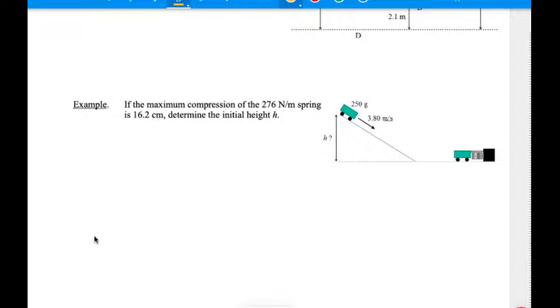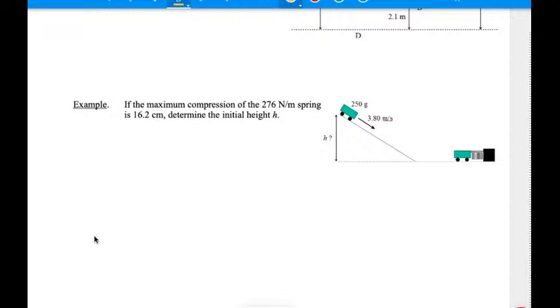So our unknown here is the height at the start, HI, I'll call it. We have our cart. We're going to assume it's frictionless, and it weighs 0.25 kilograms.